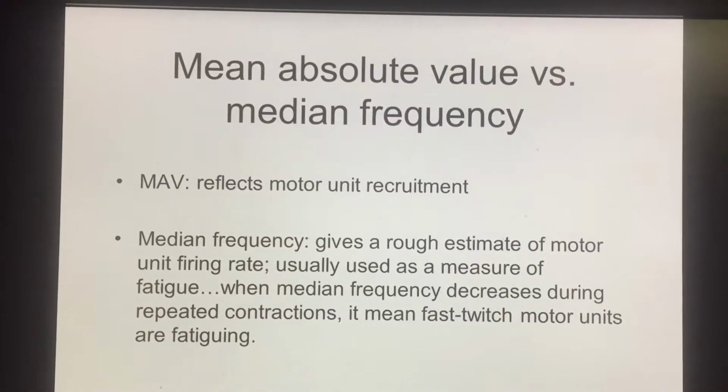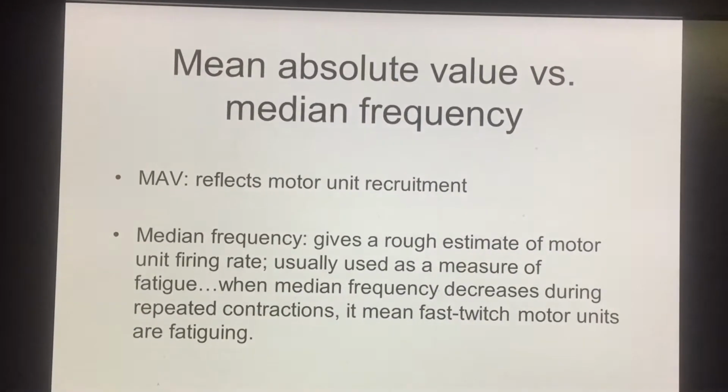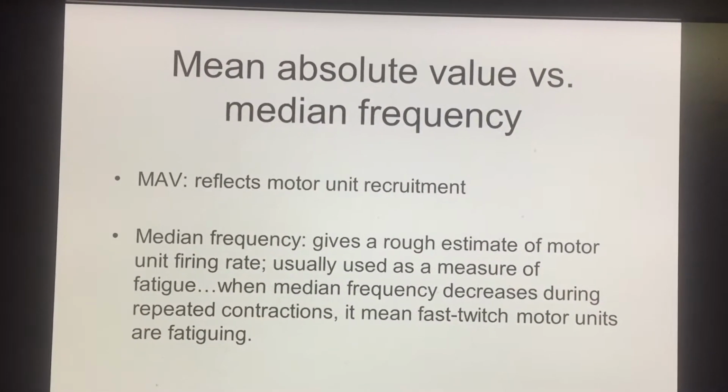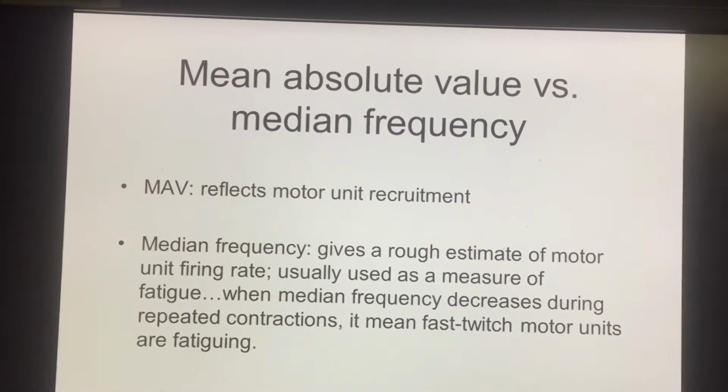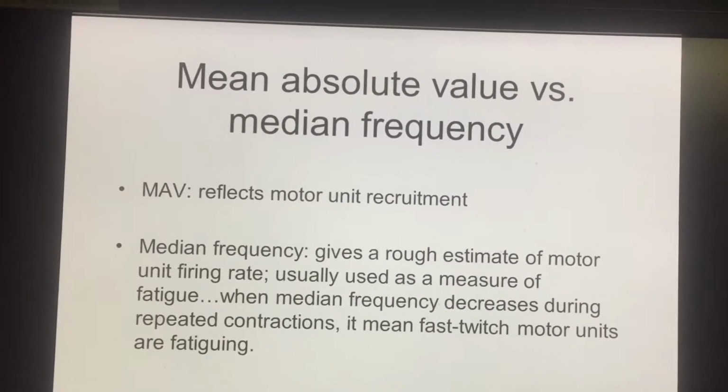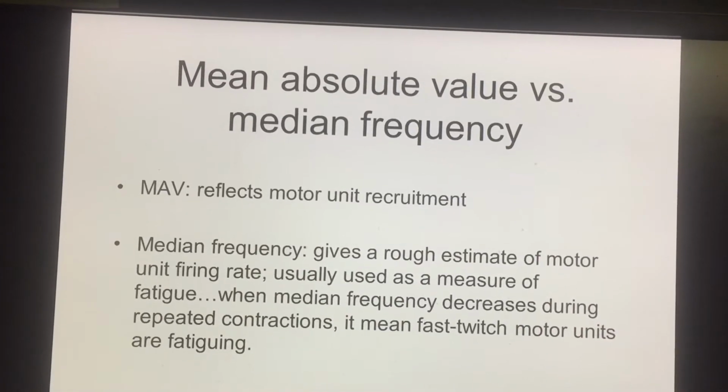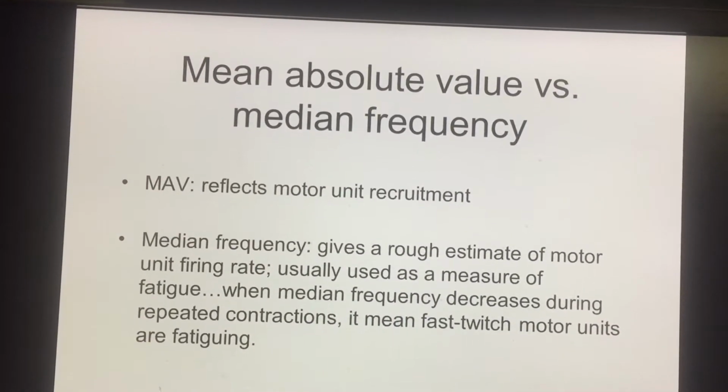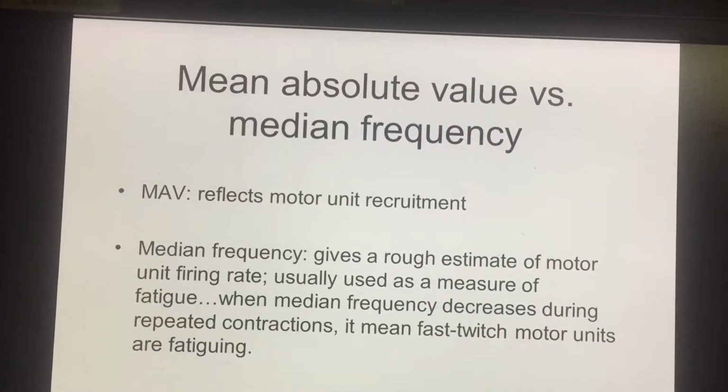So in lab number 3, there's data that's collected on mean absolute value and median frequency. And I think what is confusing people is that I actually have no questions in the lab about median frequency.